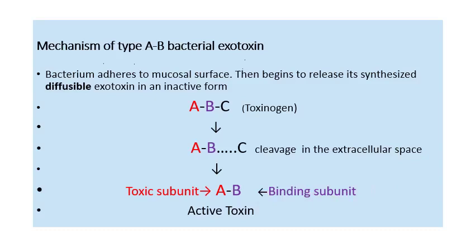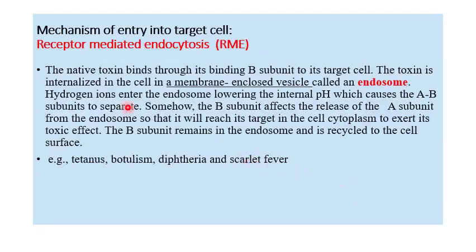And the next slide. What is the mechanism of entry into the target cells? The mechanism of entry of the exotoxin. There are several ways this process can happen, and among them we will explain receptor mediated endocytosis, RME. The native toxin binds through its binding B subunit to its target cell.